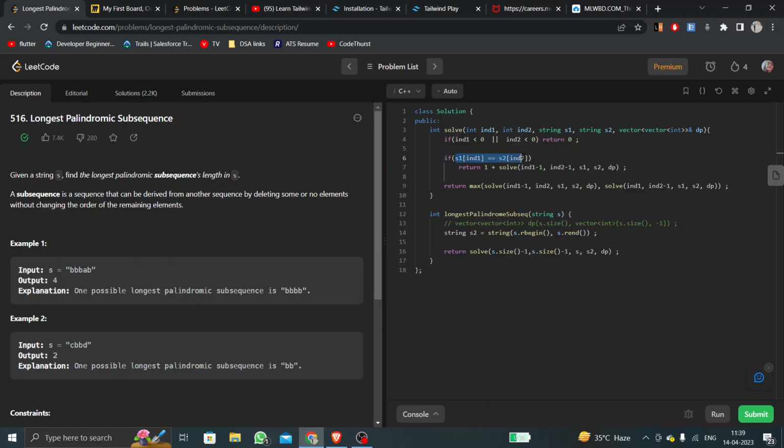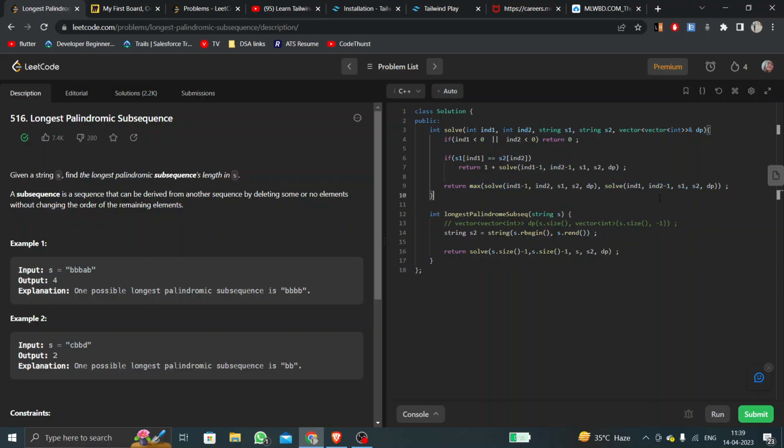If I find that the characters at index 1 and index 2 are the same, I'm incrementing by 1 and moving both indexes by 1. Otherwise, if the characters are not the same at the particular index, I'll find the maximum of two functions. In one, we are decrementing only index 1 and in the second, decrementing only index 2.